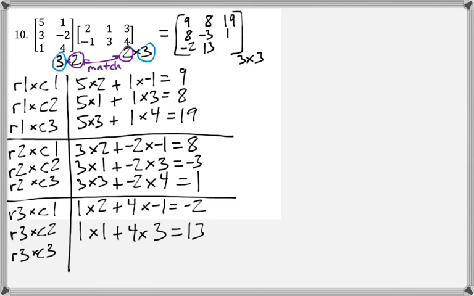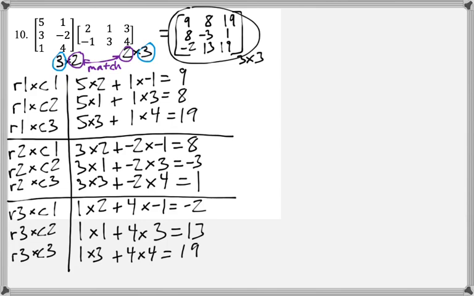And then lastly, row 3 times column 3, 1 times 3 plus 4 times 4, which is 19. So this will be my answer.